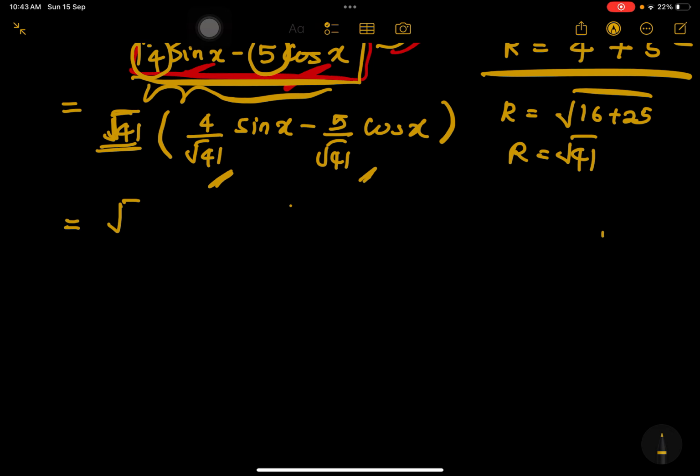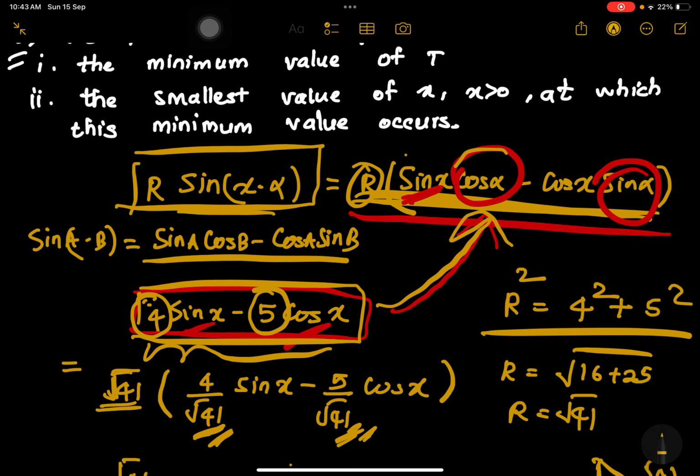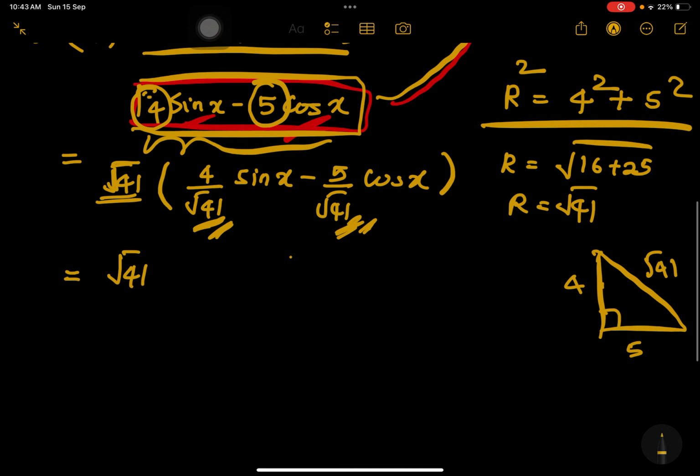So you can make this into a right angle triangle with sides 4, 5 and root of 41. What we need here is sin x cos alpha, so 4 over root of 41 is cos alpha. The alpha, the acute angle in the right angle triangle, is here somewhere.